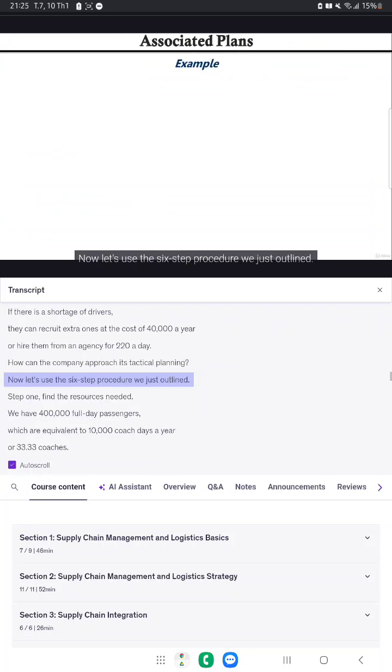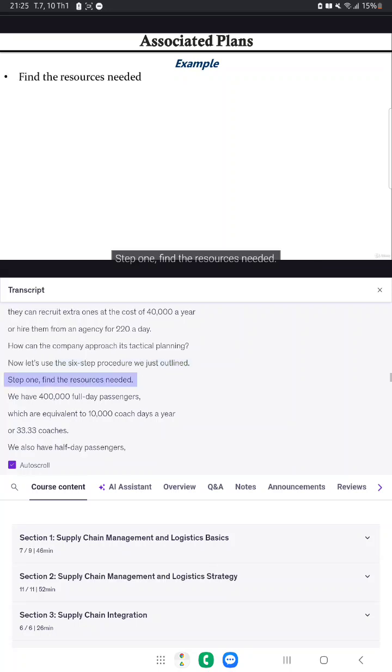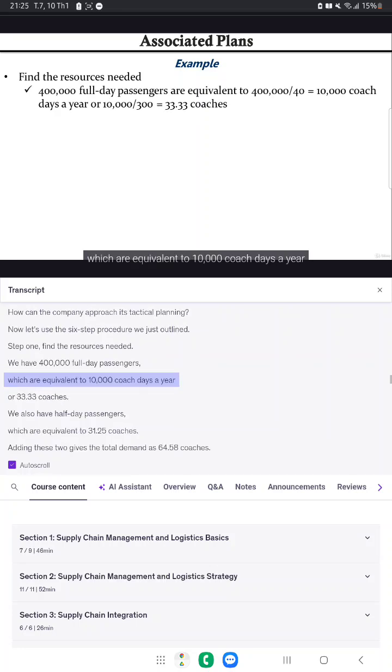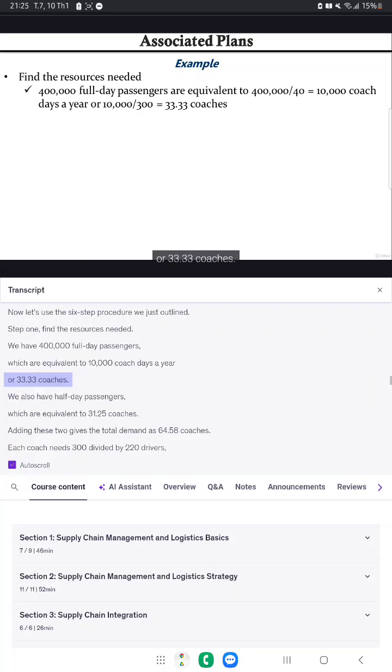Now let's use the 6-step procedure we just outlined. Step 1. Find the resources needed. We have 400,000 full-day passengers, which are equivalent to 10,000 coach days a year, or 33.33 coaches.